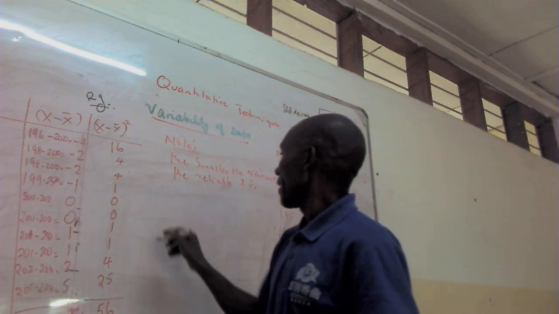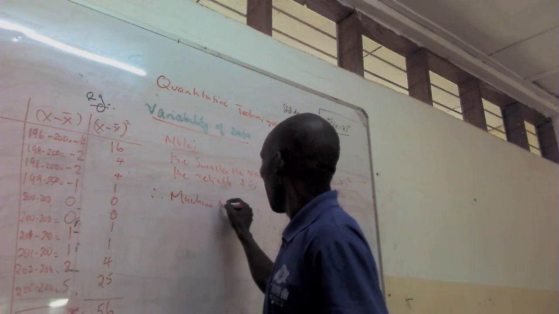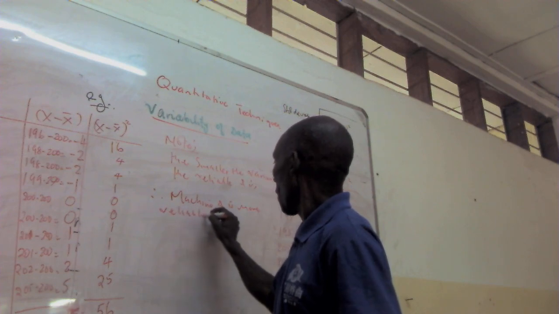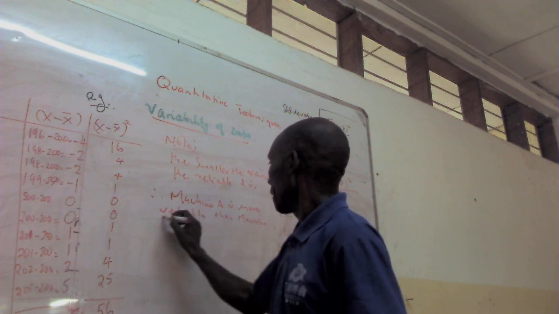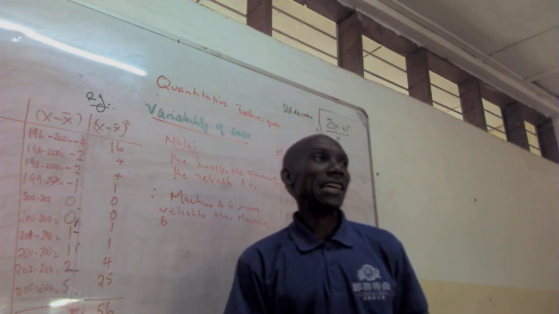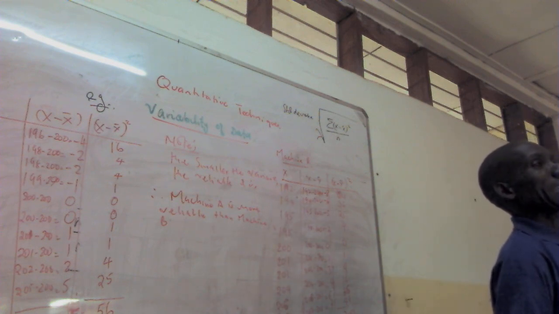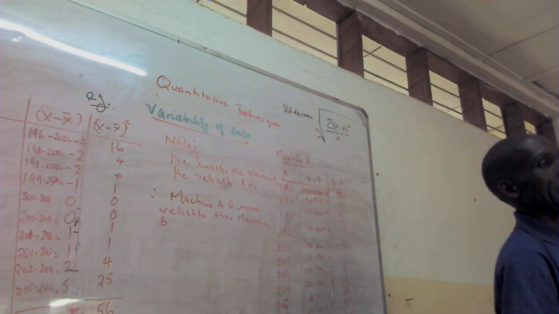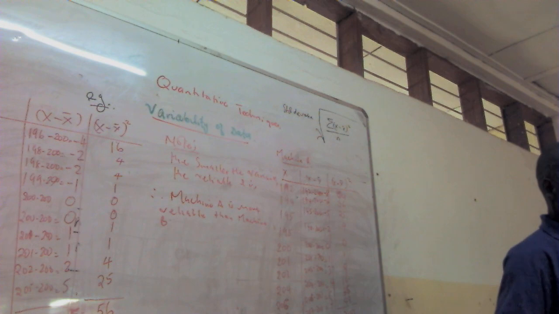Therefore, machine A is more reliable than machine B. The reason being that machine A has a smaller variance than machine B. The fact that the variance is smaller makes it reliable.